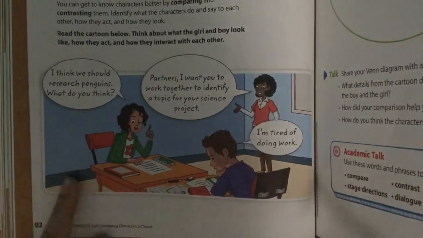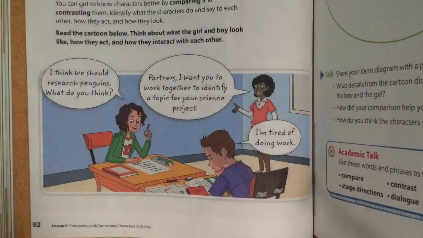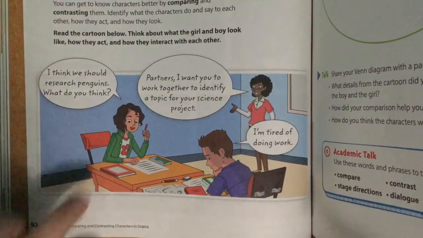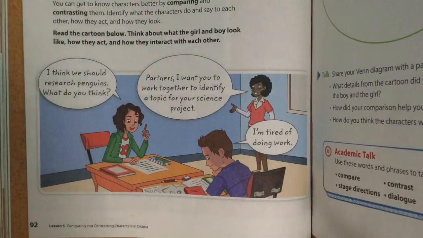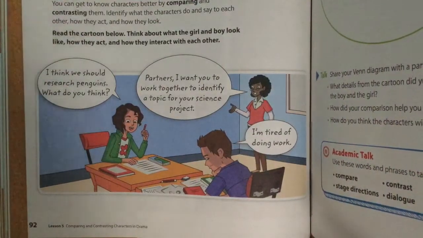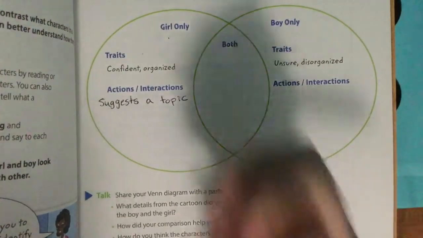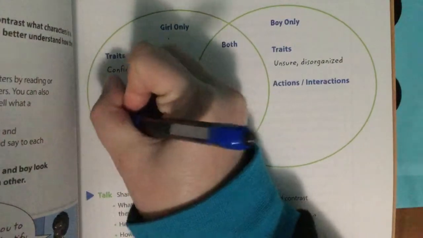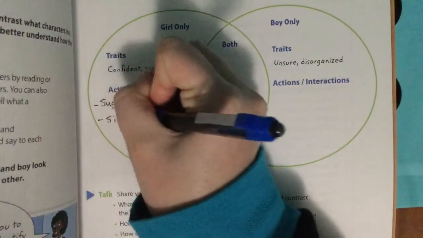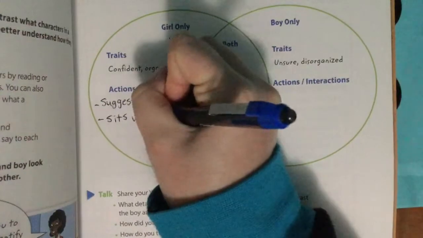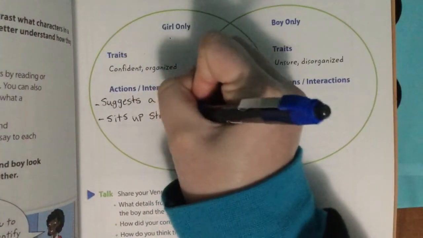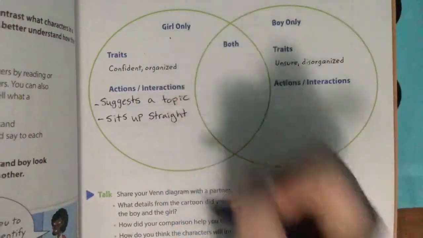Compare their posture, meaning how they're sitting. She's kind of upright more, ready to work, and the boy's kind of slumped over. So we're going to say that her actions, she suggests a topic, and she is also sitting up straight. Sits up straight.